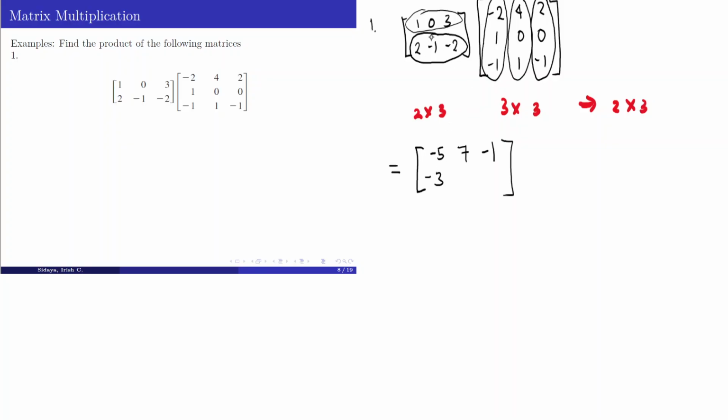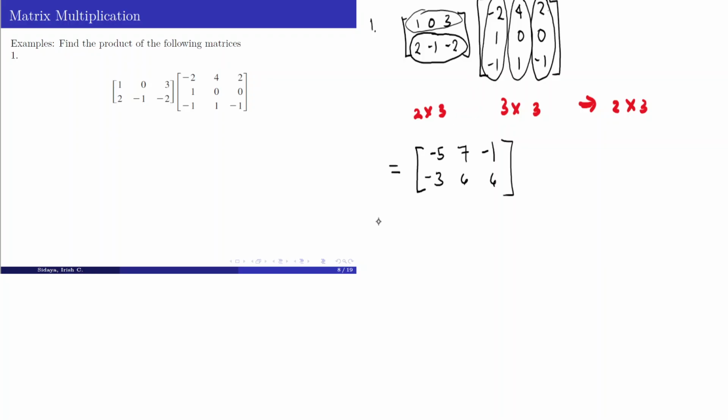And then again, we multiply this second row to the second column. So that's 2 times 4, that's 8. This is 0 minus 2. So that is 6. Then for the last entry, we have 2 times 2, 4. Again, that's 0. And then that's positive 2 rather. So we have 6. Okay, so this is now the product of these two matrices.